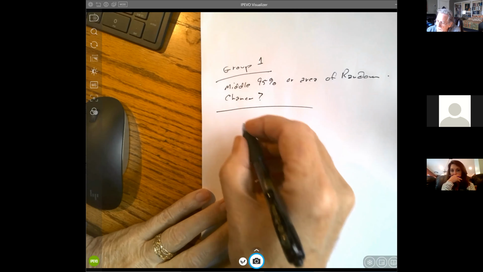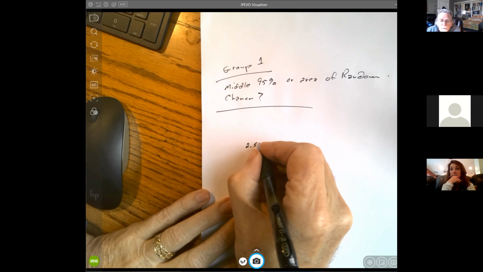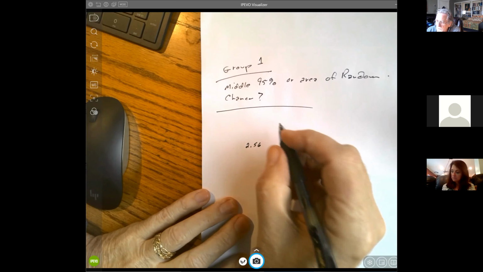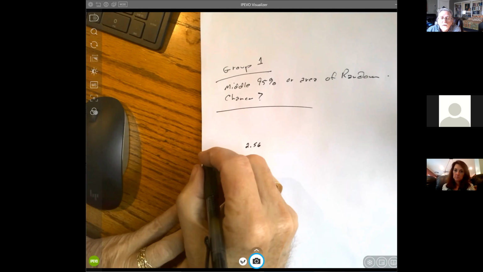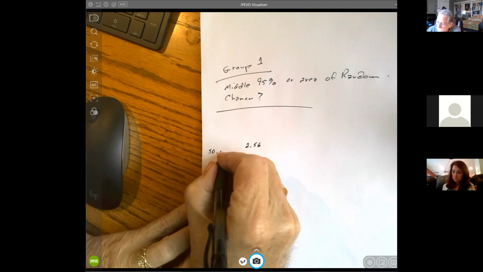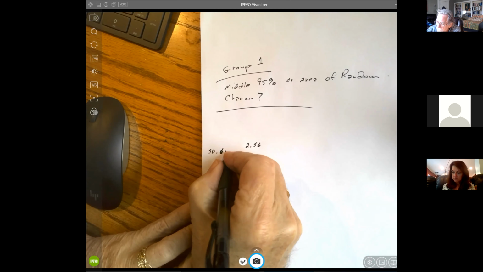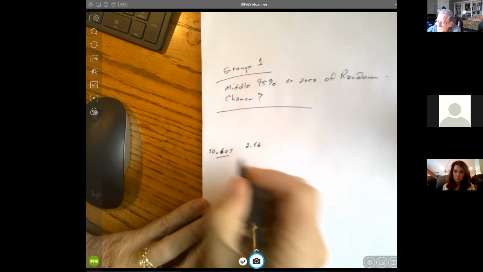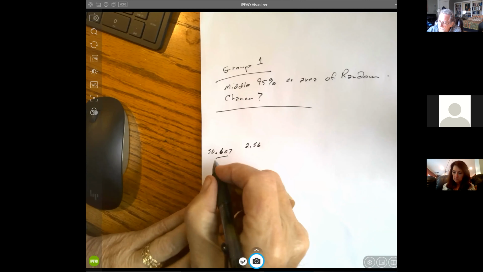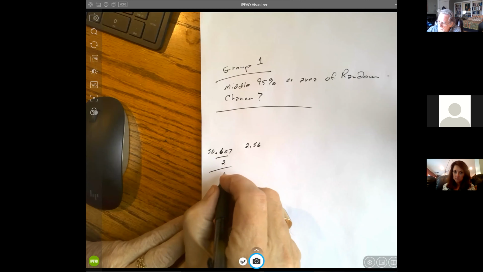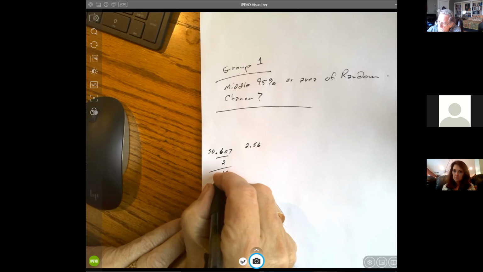Group one's mean is 2.56. The standard deviation is 0.607. And so if I went up 2 standard deviations, it's 1.21.